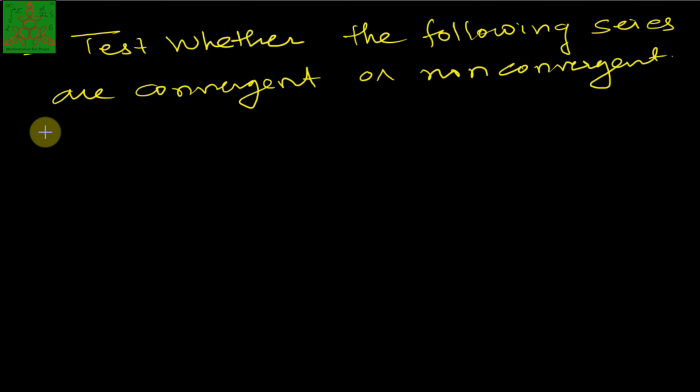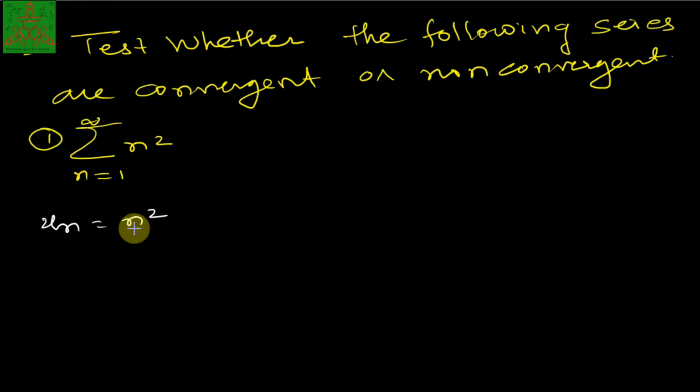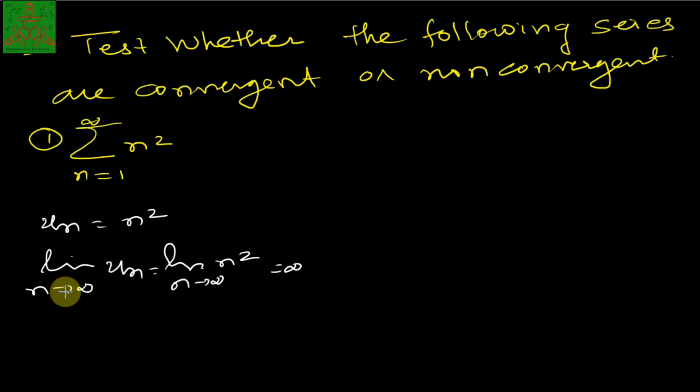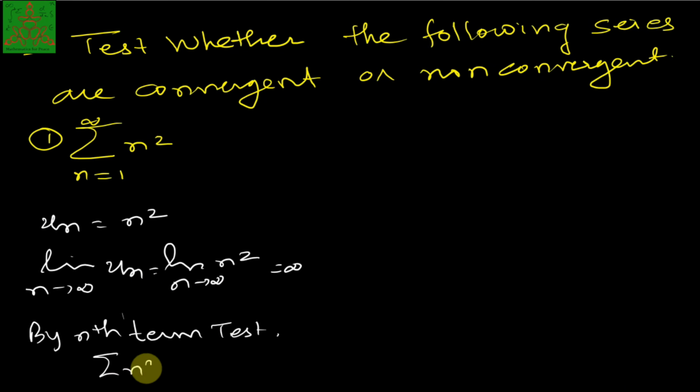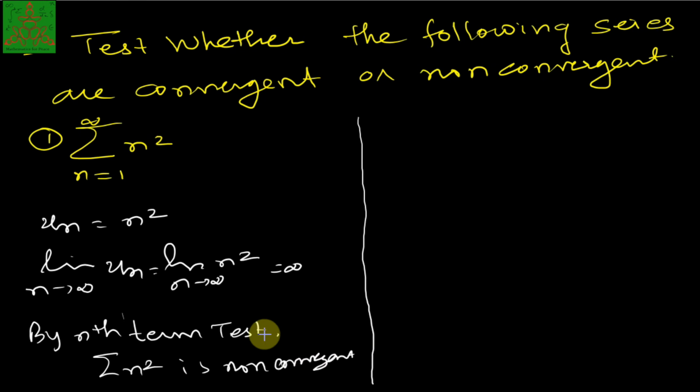We'll take the first example, summation of n square, n running from 1 to infinity. Here un is n square, and the limit as n tends to infinity of n square is infinity. So by the nth term test, the summation of n square is non-convergent. In fact, it is divergent because it is a positive term series.